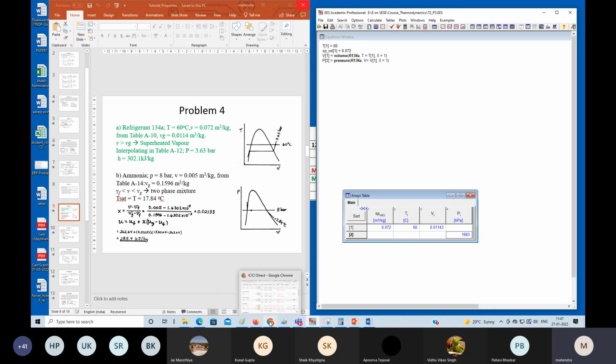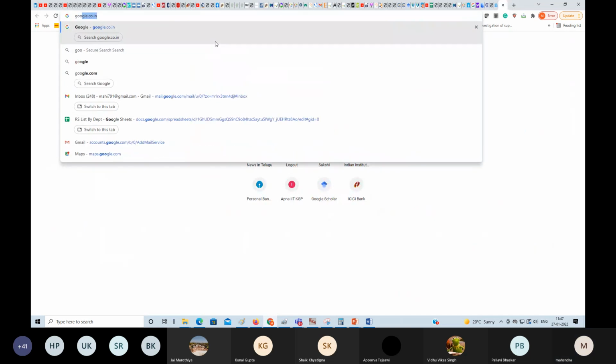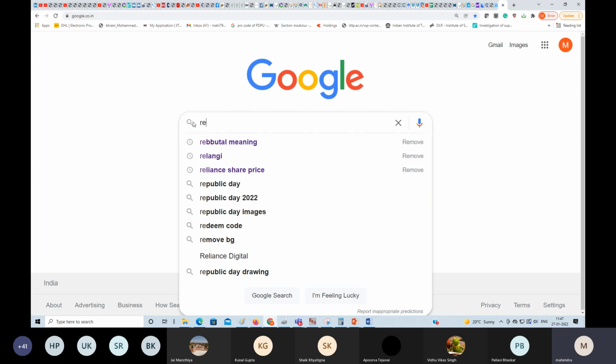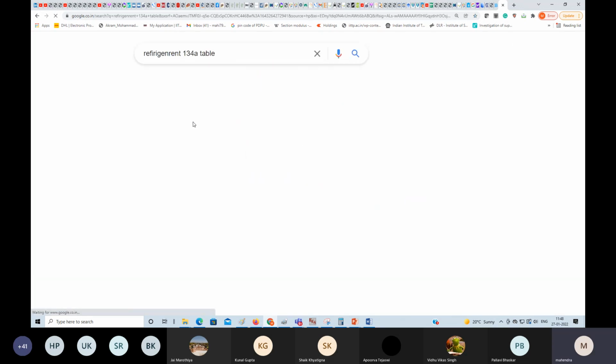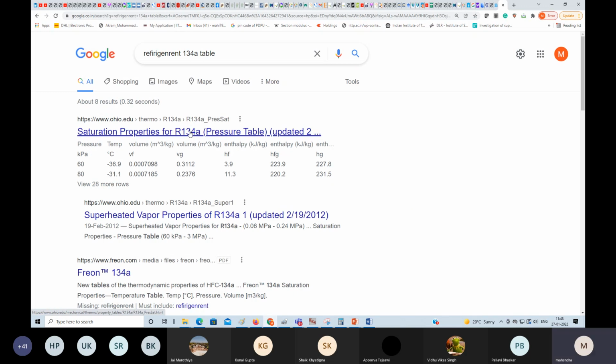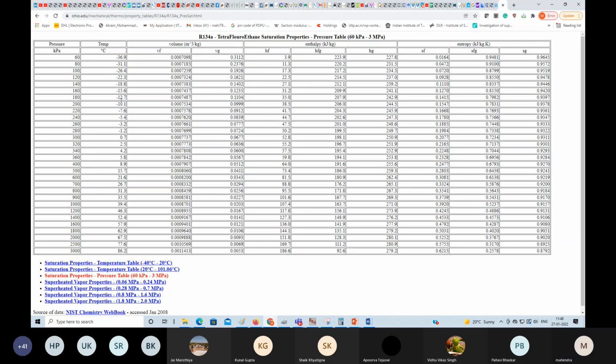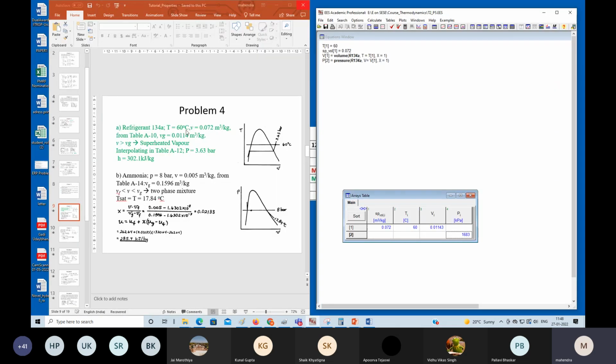So let me check even the data table. Okay, here we need two independent properties, but we are suffering from that.